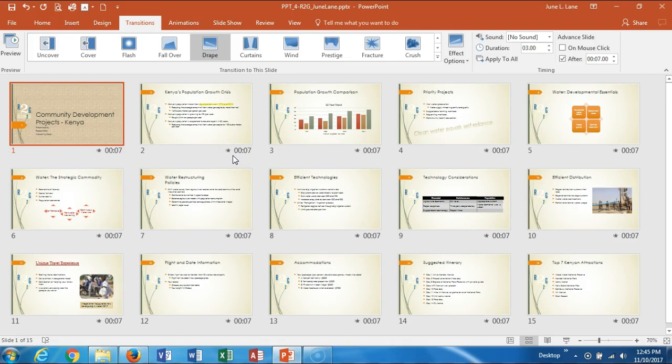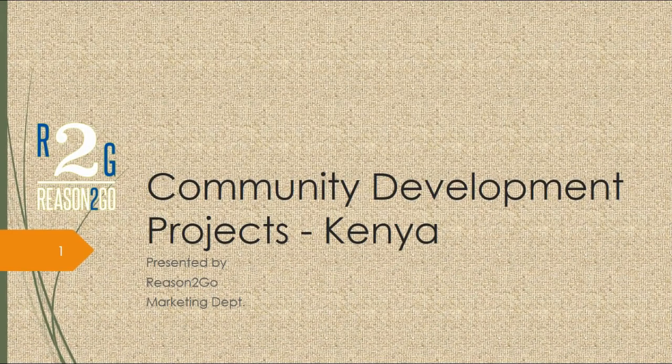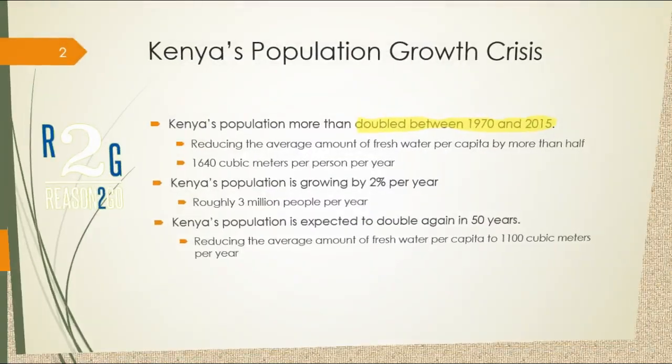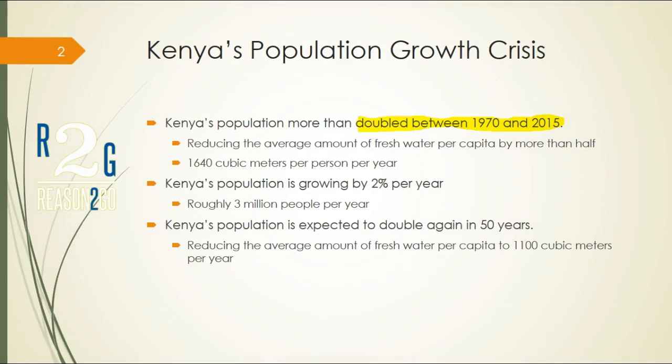Transition icon. Let's go ahead and look at our slideshow. So the slideshow is going to advance automatically. A new slide will appear every 7 seconds, and it's going to use the drape transition.